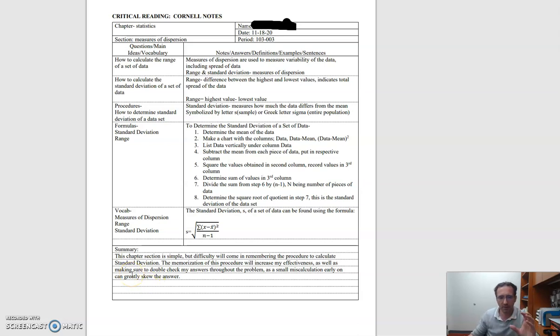So what's very noticeable in this example right here is the summary. And she wrote, this chapter section is simple. The difficulty will come in remembering the procedure to calculate the standard deviation. The memorization of this procedure will increase my effectiveness, as well as making sure to double check my answers throughout the problem, as a small miscalculation early on can greatly skew the answer.